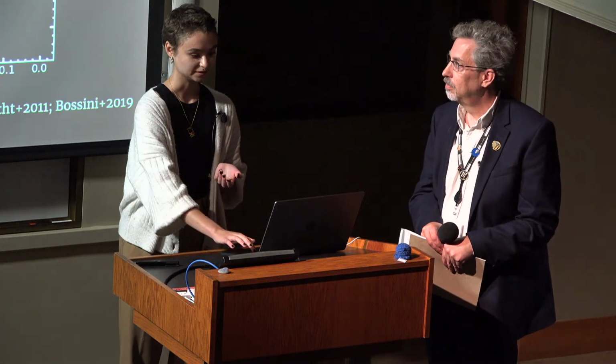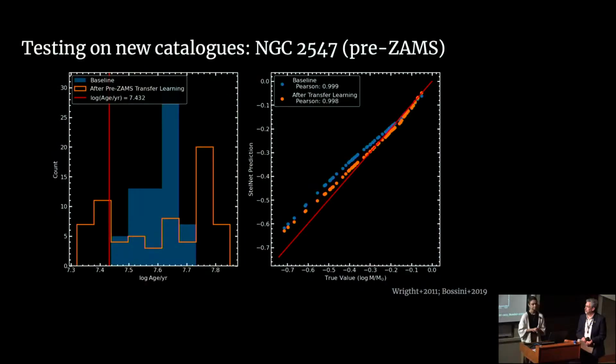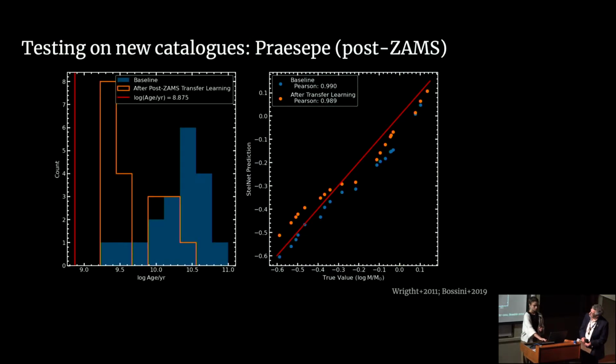Brigette? Yeah, can you talk about maybe what are your hypotheses for why you see an overestimation in the mass? Overestimation in mass, here? Yeah, so I think there was a slide where you said you're overestimating a value. I think it was one of those. Was it the ages? Yeah.